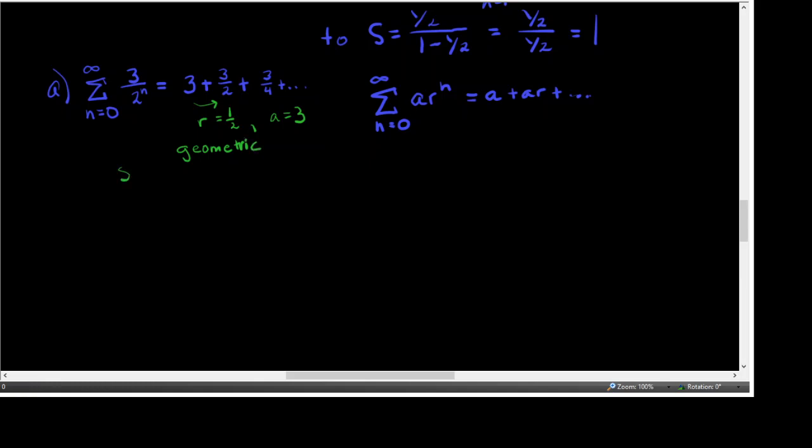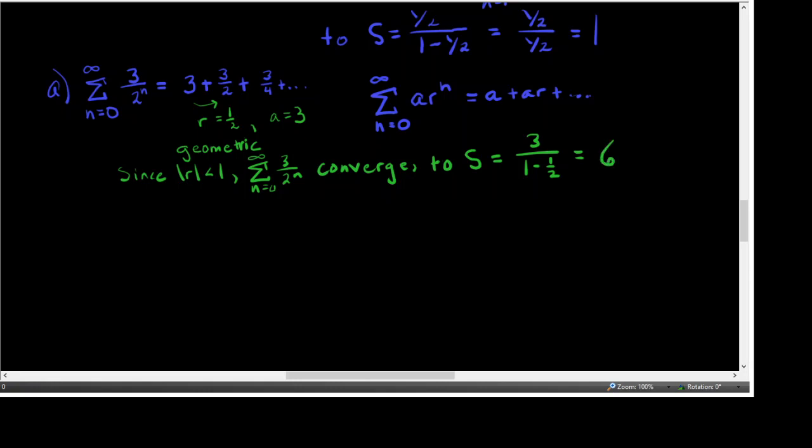So since the absolute value of r in this problem is less than 1, the series that we were given converges, and what it converges to is called the sum of the series, S, which for geometric series that converge is a, which is 3, divided by 1 minus r, 1 minus 1/2, which is 6. So the sum of this series is 6.